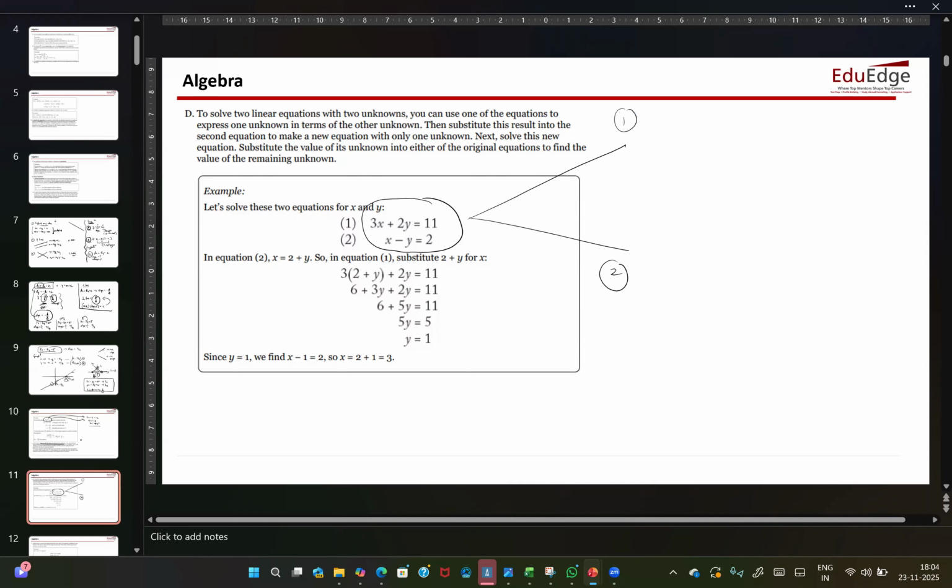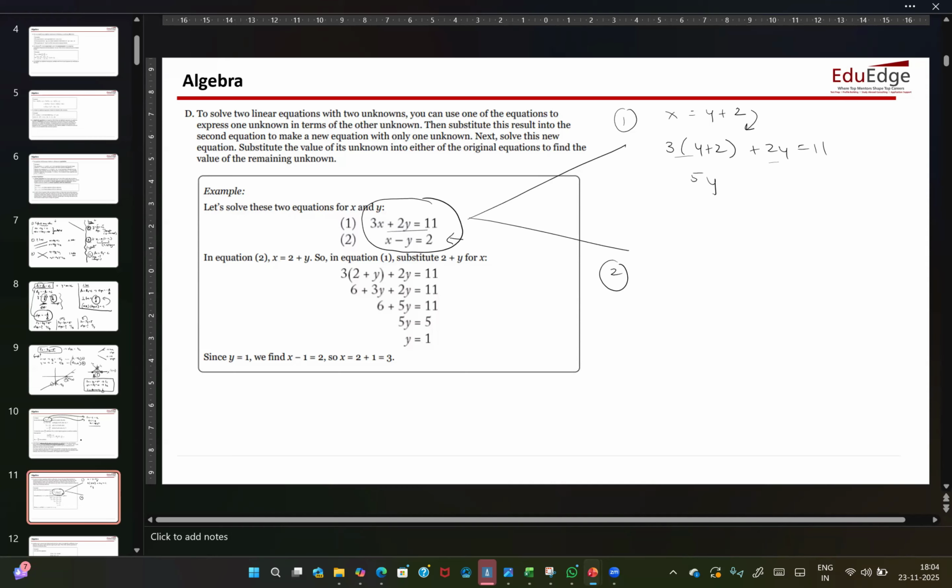In one approach, you do a substitution method, which means you express one variable in terms of the other. When I look at the second equation here, can I say x is equal to y plus 2? It's easy. And that I will put in the first equation, which is 3 into x, which is y plus 2, plus 2y equal to 11. And then I can solve this.